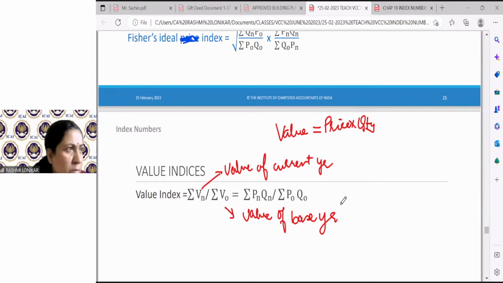So you can expect sums, okay? Let me verify. Okay. Yes.